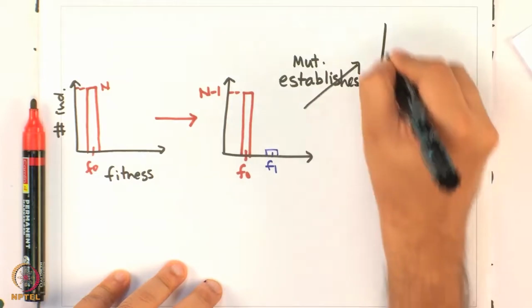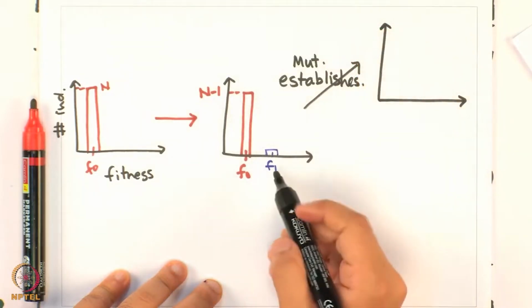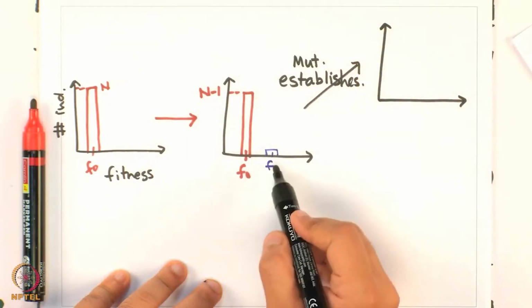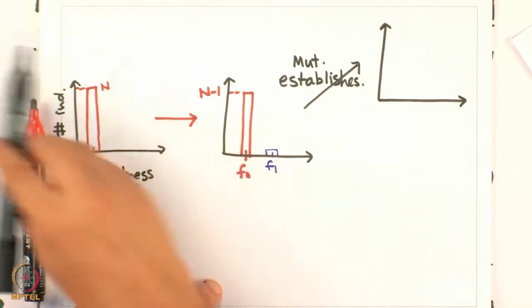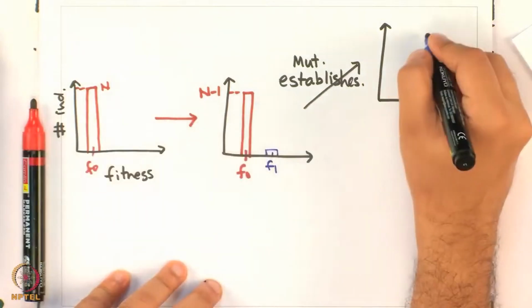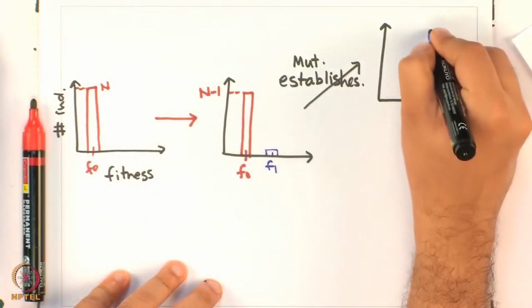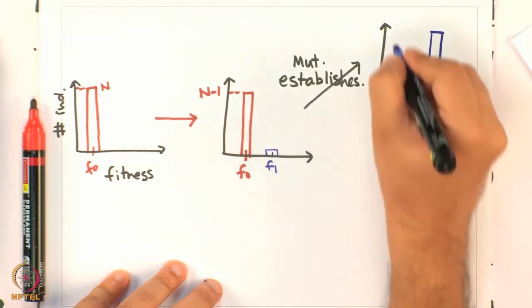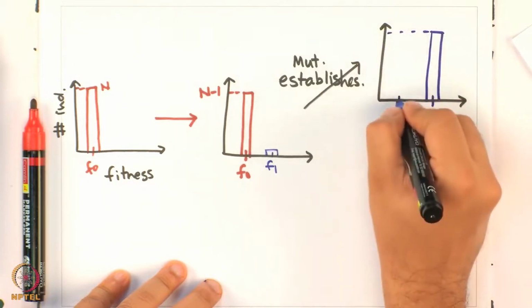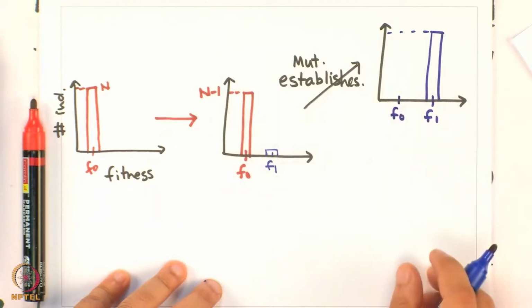And when it goes to fixation, because F1 is more than F0, F1 individuals will eliminate all F0 individuals from the population, and after fixation I will have my entire population move to fitness F1 and no individuals at fitness F0.